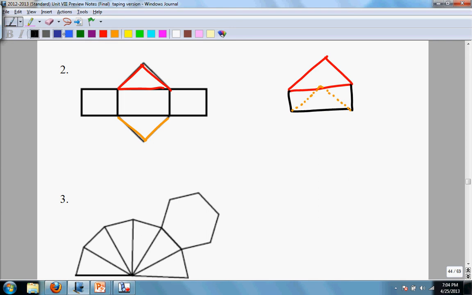So it's dotted. Then you have these two, which wrap around the back. And what we have here is a triangular prism.